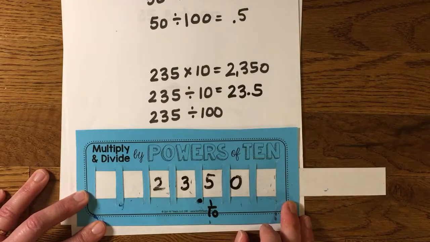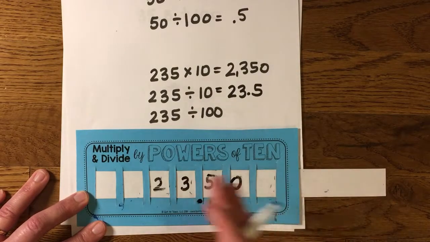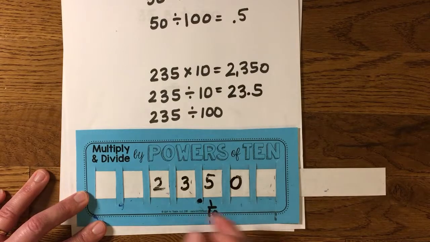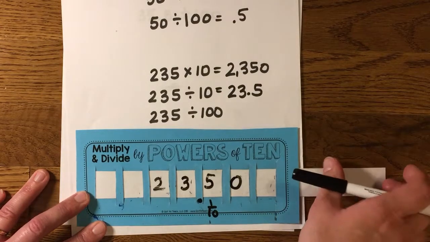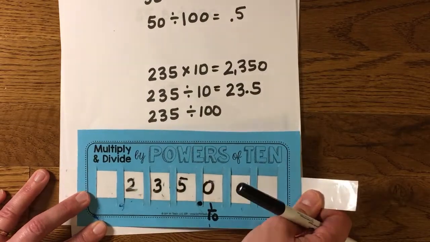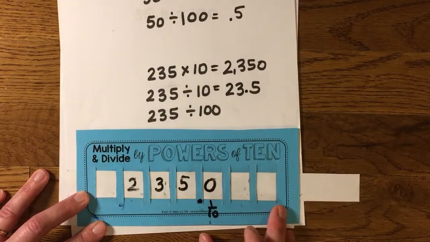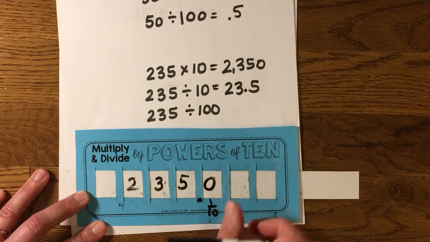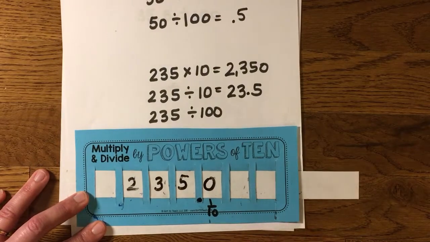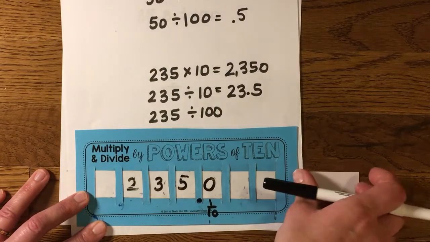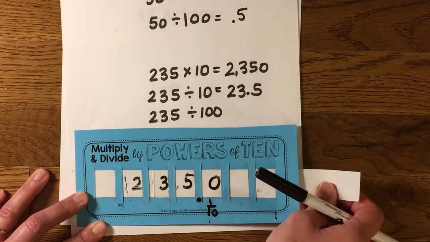When you understand this system, then decimals shouldn't be an issue, because decimals are just an extension of the place value system. Okay, and if we reset that back to 235 and divide by 100, again, 100 is basically divided by 10 divided by 10. So we're going to shift it twice.